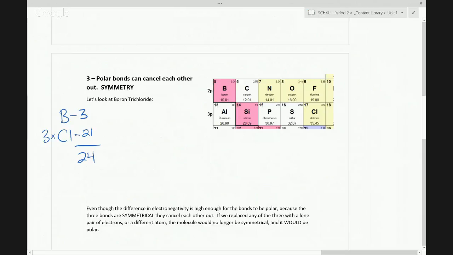So when we go to draw this, we put a boron in the center because if we look, it has the lower electronegativity of the two. And around it, we put chlorine, just like that. Chlorine, chlorine, and chlorine.